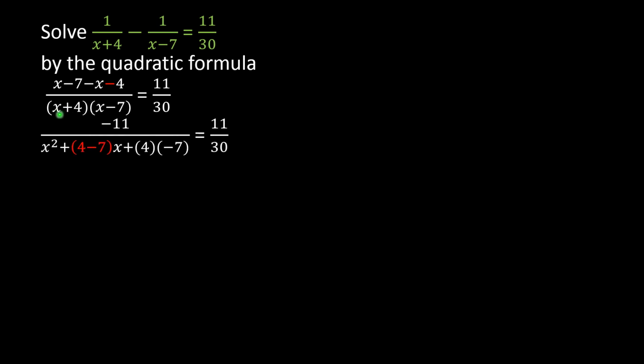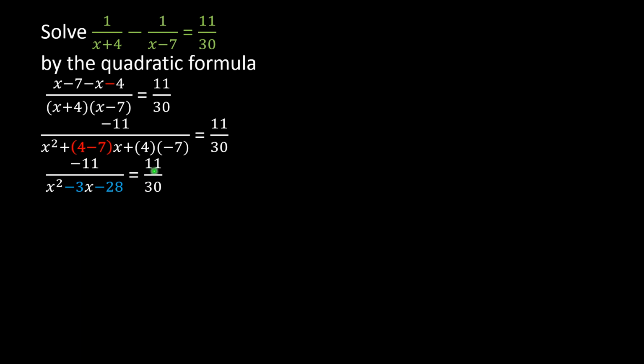It will be x multiplied by x will be x squared, plus 4 minus 7 multiplied by x, and 4 multiplied by minus 7. So 4 minus 7 will be minus 3. 4 multiplied by minus 7 will be minus 28.